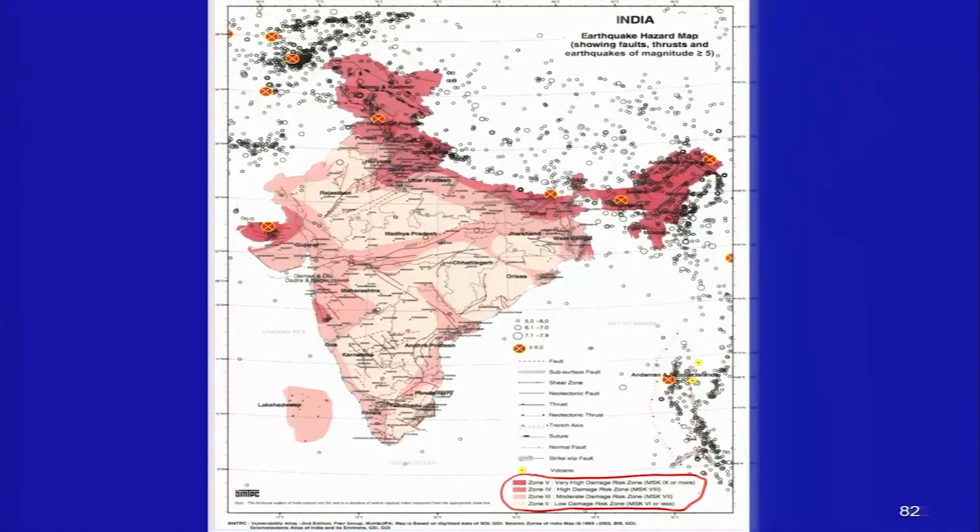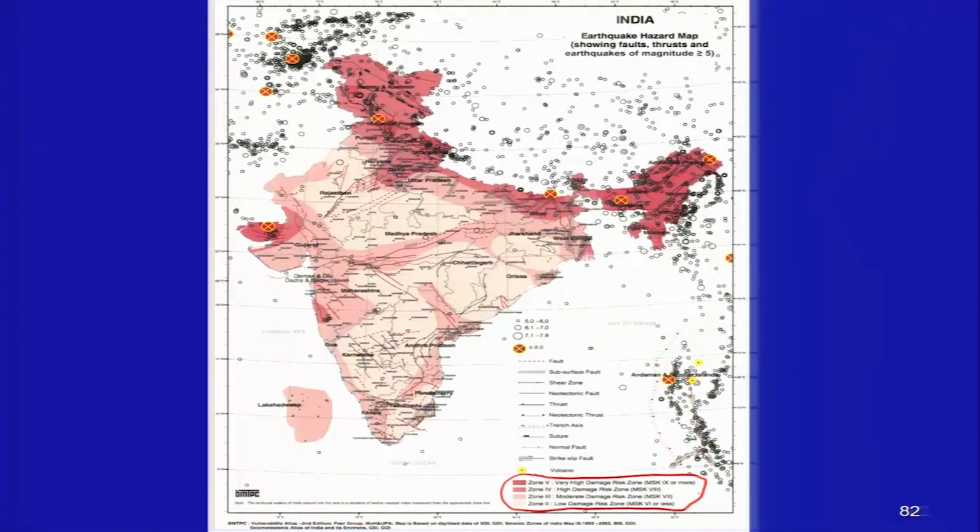This whole region is the Himalayan belt, and apart from the Himalayan belt, on the southern or western side we have Kutch and some locations around the Andaman and Nicobar area. These are all in zone 5, and we have in total 4 zones, zone 5 to zone 2.